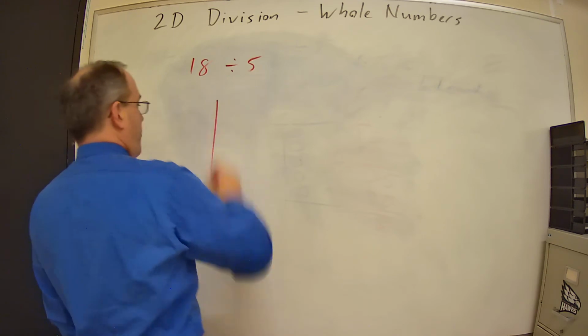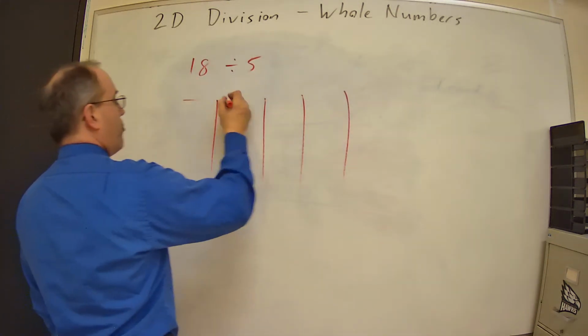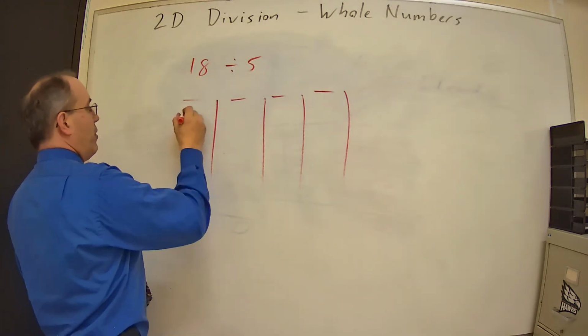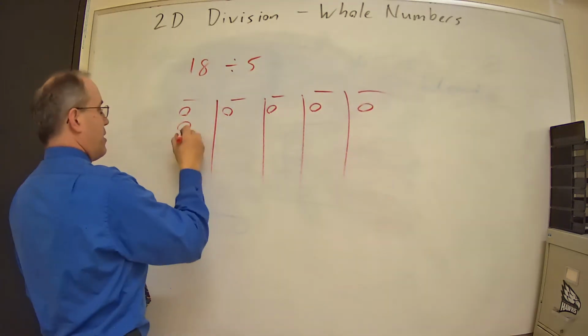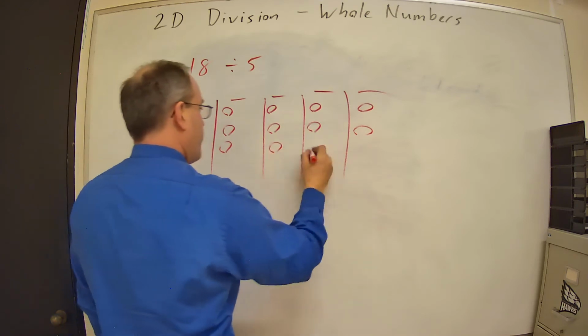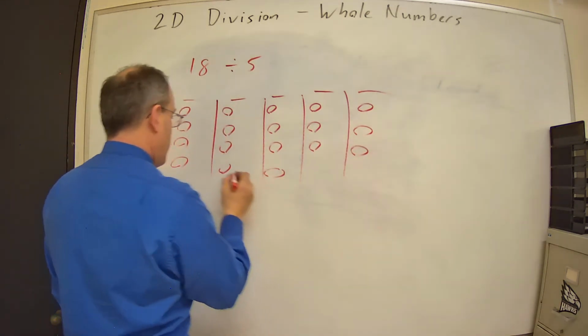So I can do my 5 groupings here. Make myself my dividers here. Boom, boom, boom, boom. So I've got 18, so I'm going to go 1, 2, 3, 4, 5, 6, 7, 8, 9, 10, 11, 12, 13, 14, 15, 16, 17, 18.